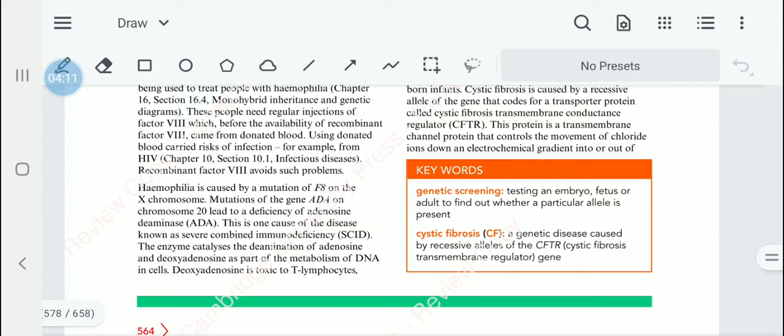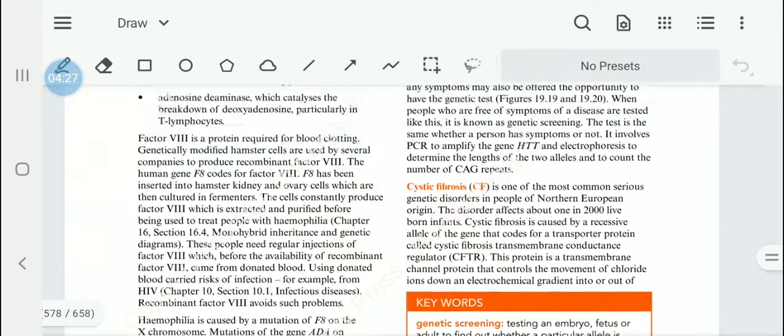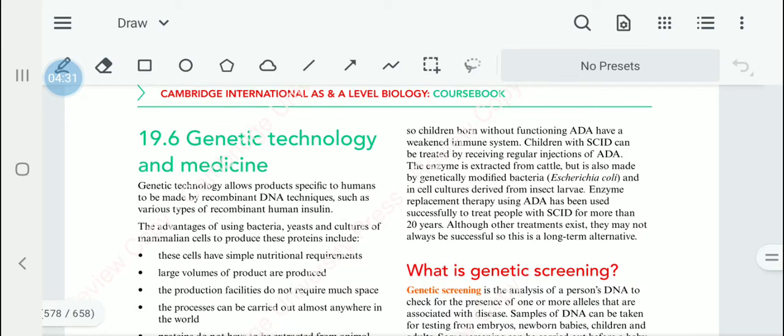This enzyme catalyzes the deamination of adenosine and deoxyadenosine as part of DNA metabolism in cells. Deoxyadenosine is toxic to T lymphocytes. So if a child is born without functioning ADA, because of the toxicity, they will die off.